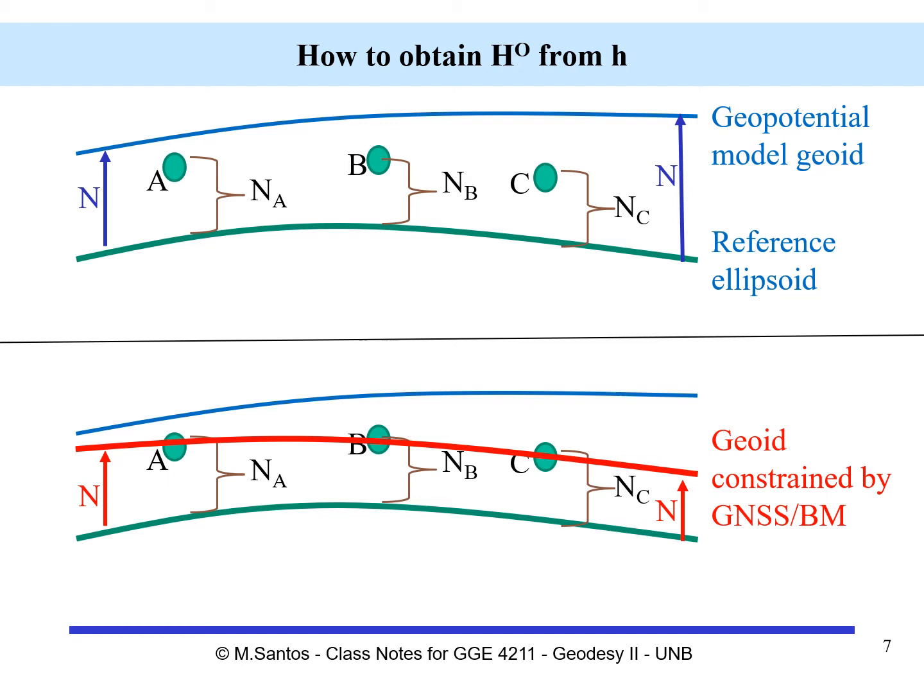So this is essentially an adjustment with constraints. We get the shape of the geoid from the geopotential model, and now we are fitting it with the known information that we have locally.